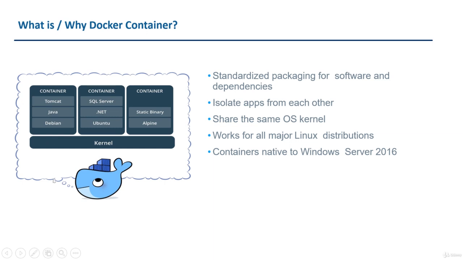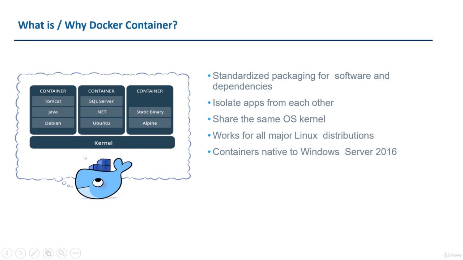If you look at the graph, one container has Tomcat and Java running on Debian. Another container runs SQL Server and .NET on top of Ubuntu, and the third one has a static binary running on Alpine. But what is happening is that the kernel is shared by all containers.